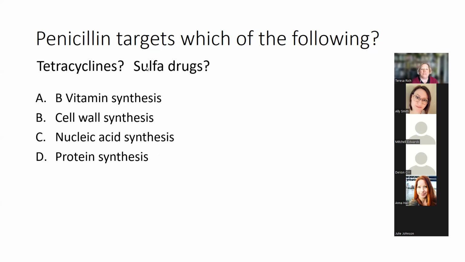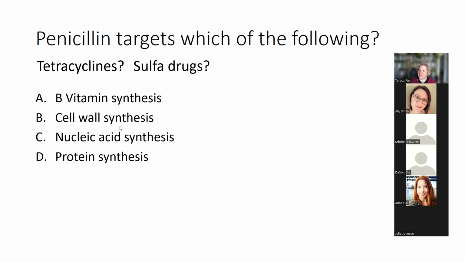Sulfa drugs directly target B vitamin synthesis, specifically folic acid. So this would be the correct answer. That's what it directly targets. But it indirectly targets nucleic acid synthesis, because if you don't have folic acid, you can't make nucleotides. And if you can't make nucleotides, you can't make DNA and RNA. But that's kind of further down the line.